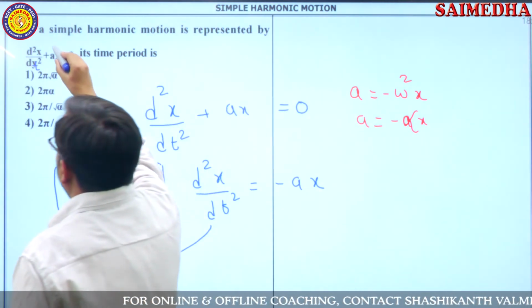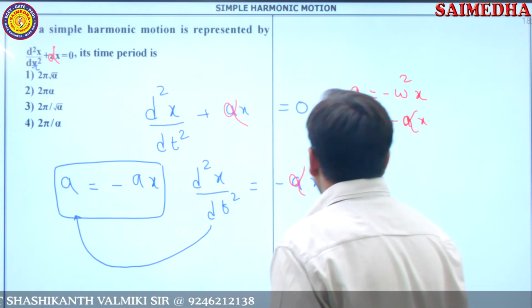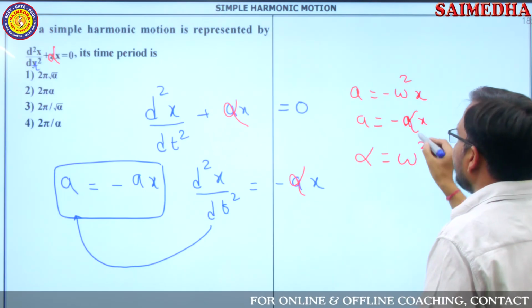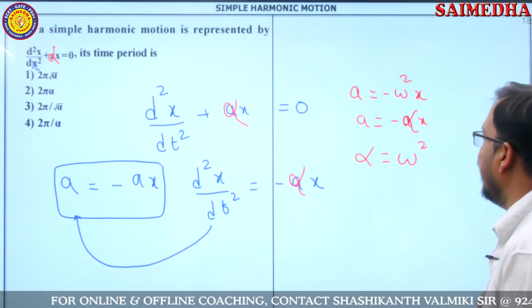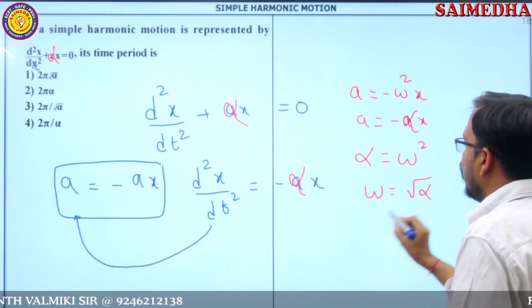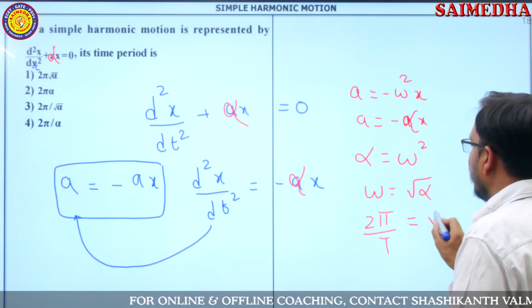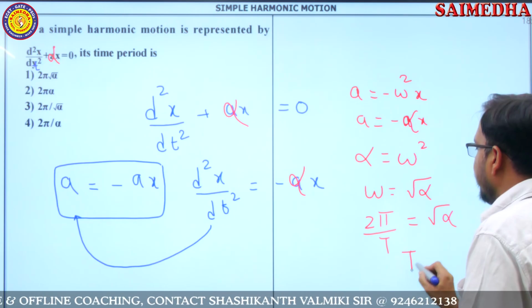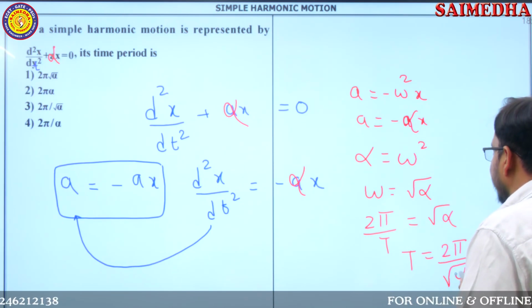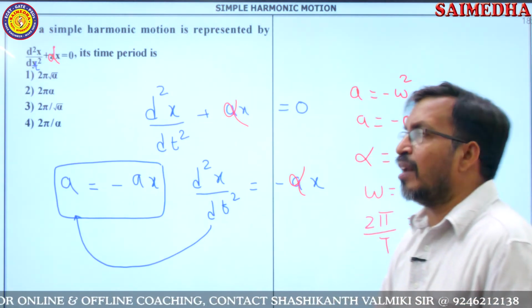Then alpha equals omega square, so omega equals root alpha, and omega equals 2 pi by T, that equals root alpha. Finally, the time period T equals 2 pi by root alpha. This is the answer.